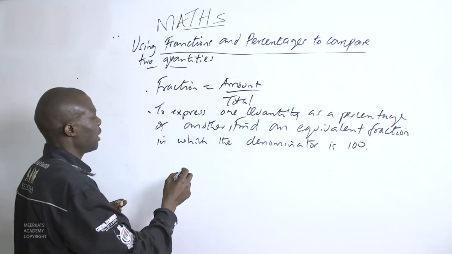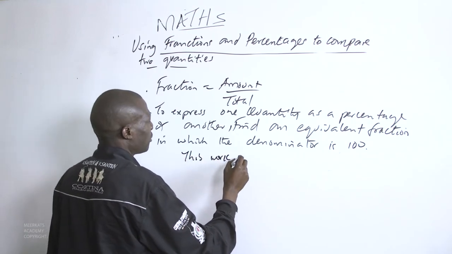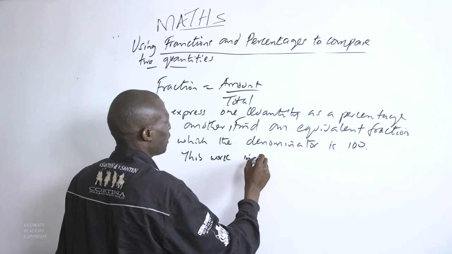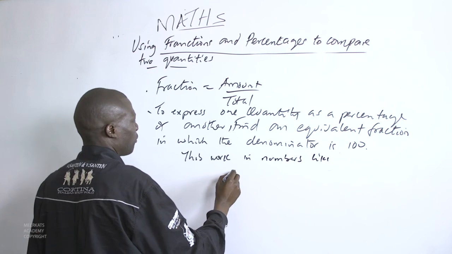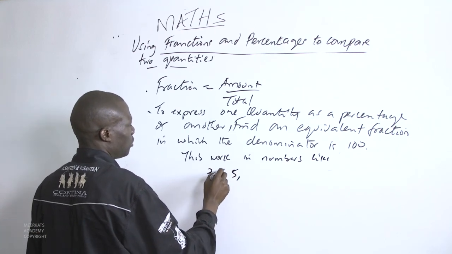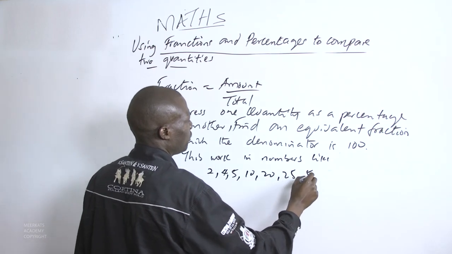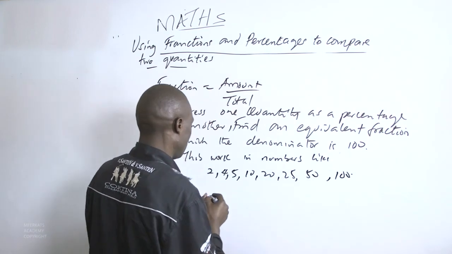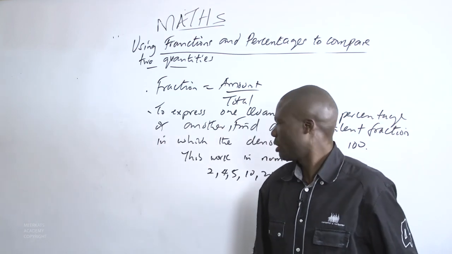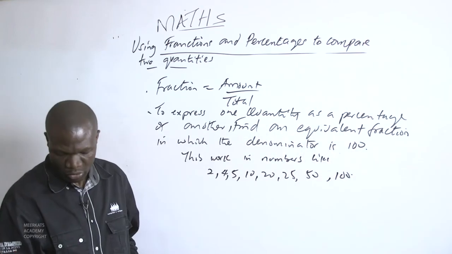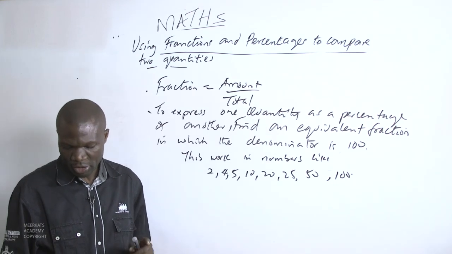And remember, as we said earlier on, that this works with numbers like 5, 2, 4, 10, 20, 25, 50, and maybe 100 itself. They work very well on numbers like this. So this is very ideal when you are looking at this.